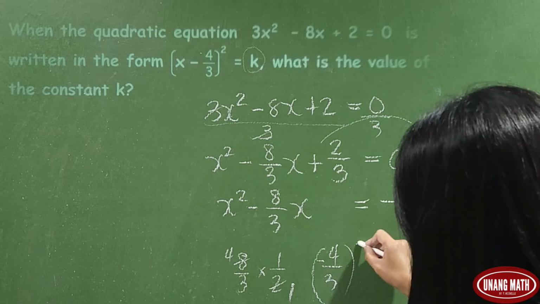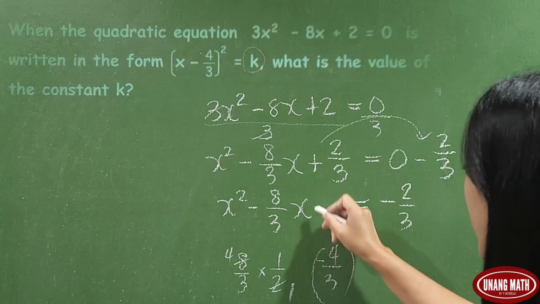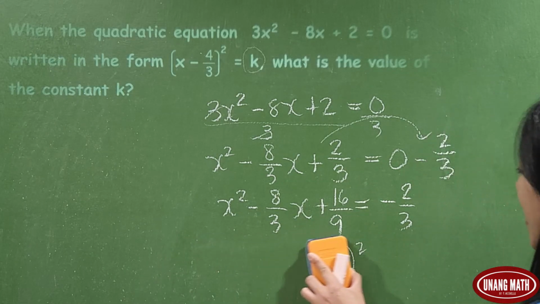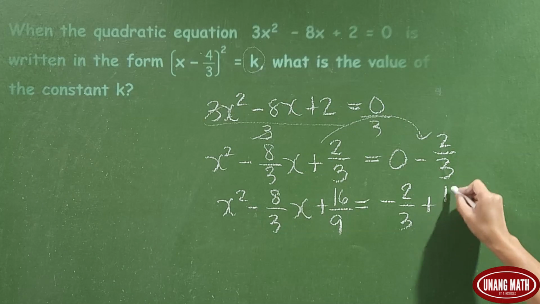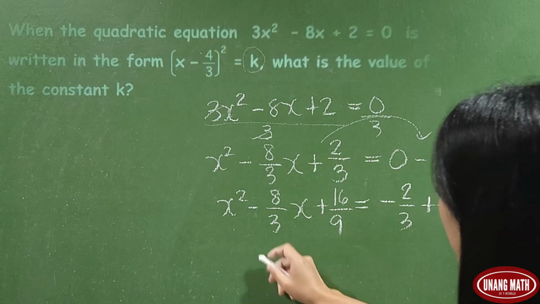And if we square this one, then this is 16 over 9. So plus 16 over 9, and plus 16 over 9 on this side also. So it is a perfect square trinomial.